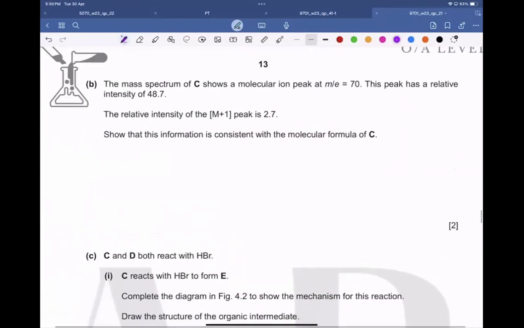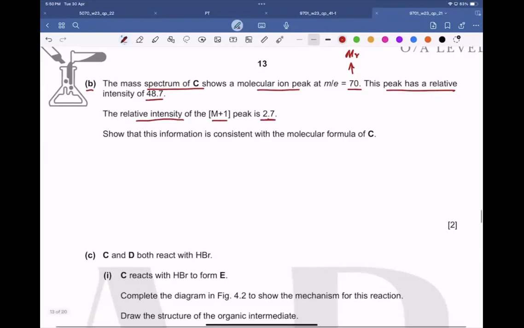Now, part B. The mass spectrum of C shows a molecular ion peak at 70. So obviously this is going to be its Mr. This peak has a relative intensity of 48.7. The relative intensity of the M plus 1 peak is 2.7. Show that this information is consistent with the molecular formula of C. By the help of this, we have to find the number of carbon atoms, to show that C is C5H10.